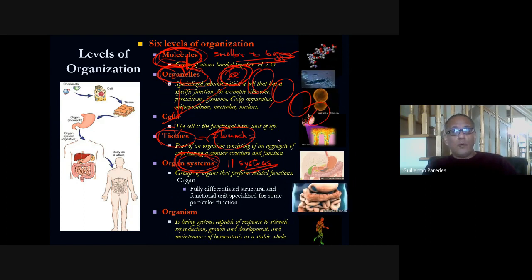The endocrine system is a group of glands. The gastrointestinal system is composed of the stomach, large and small intestine, liver, pancreas, gallbladder, teeth, tongue, esophagus, and salivary glands. All these together are a group of organs that form what we call a system. And the 11 systems together form what we call your body, your organism.